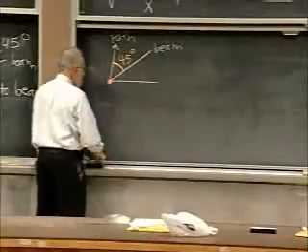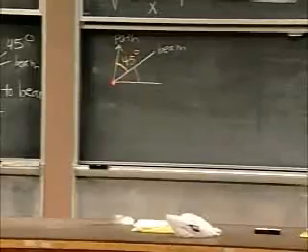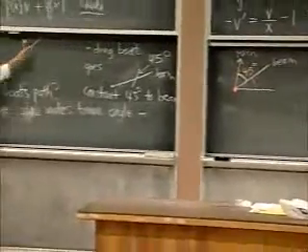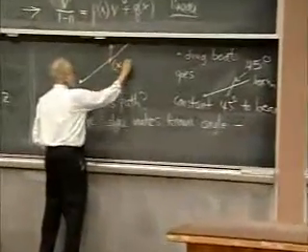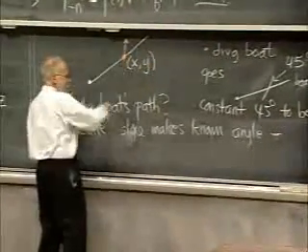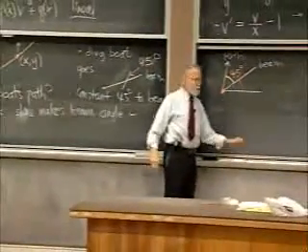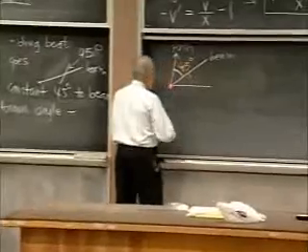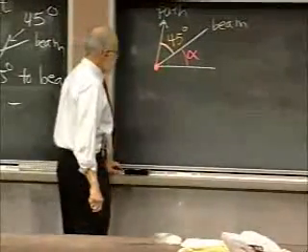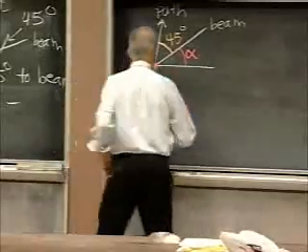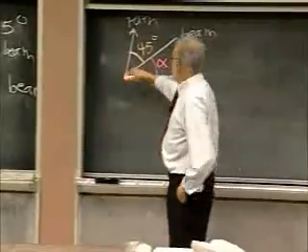This angle I don't know, but of course I can calculate it easily enough because if I know the coordinates of this point, x, y, then I know the slope of this line, and that angle will be related to the slope. So let's call this alpha. And now what I want to know is what the slope of the whole path is.